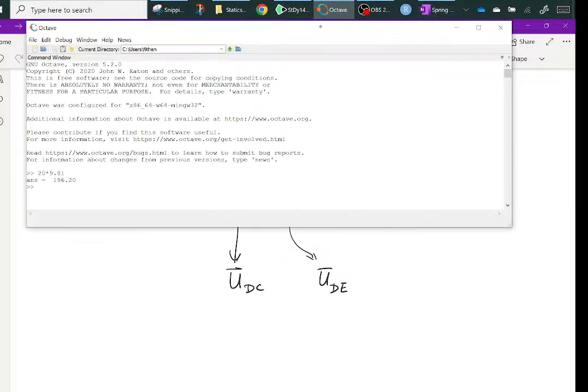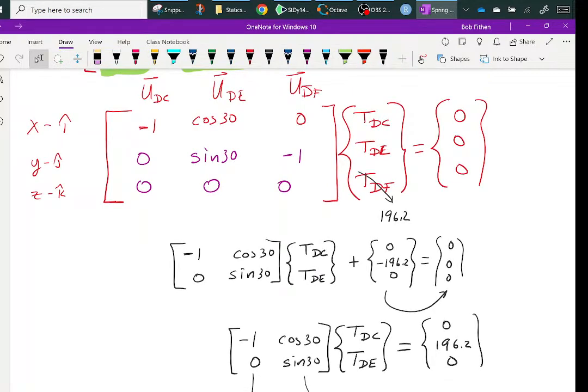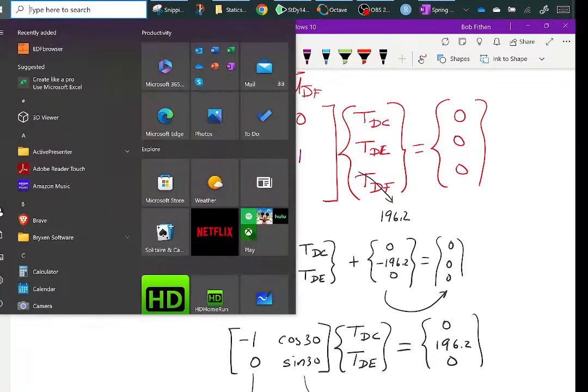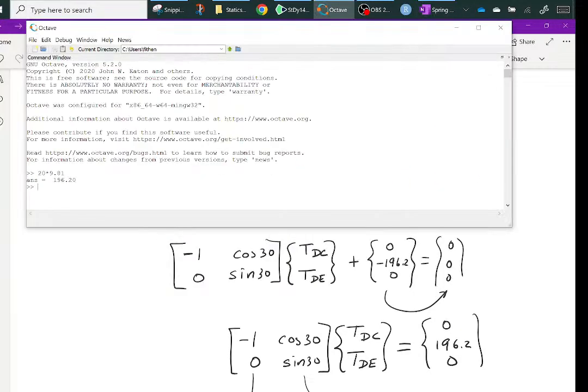And I can just do that inside of Octave. Okay, so we'll set up the matrix, say, K, I don't know what else to call it: minus 1, cosine degree of 30, then 0, sine degree of 30.